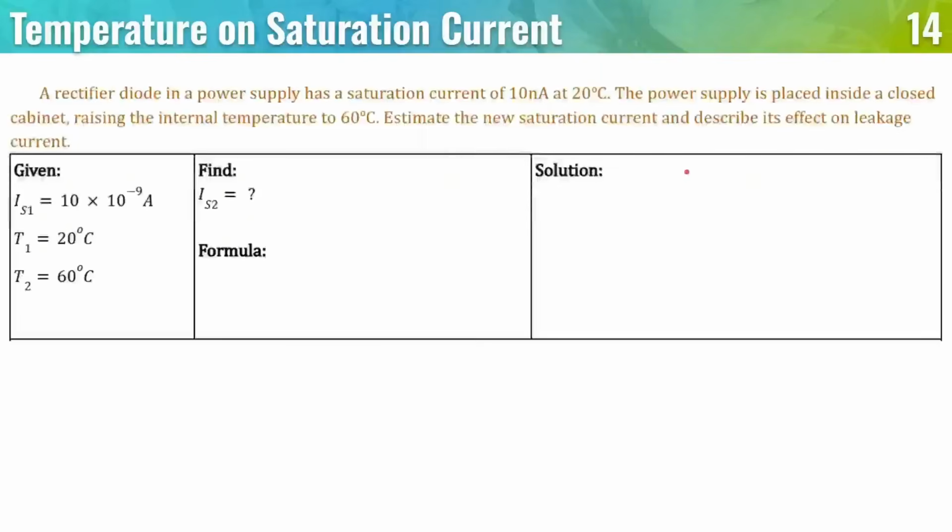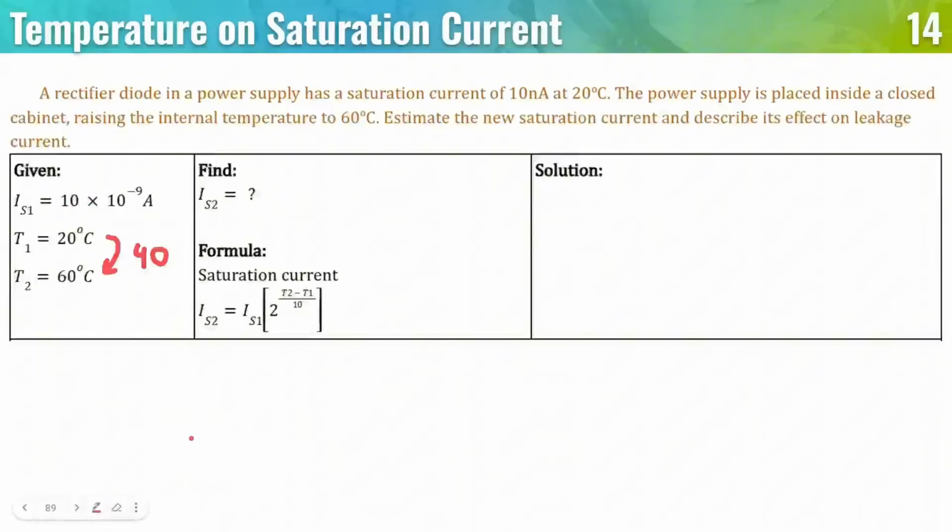So now we can identify the given and the formula. Again, the formula we're using is for saturation current. It's going to double every 10 degrees Celsius change in temperature. As you can see here, this is a change of 40 degrees Celsius, so this is going to double 4 times.